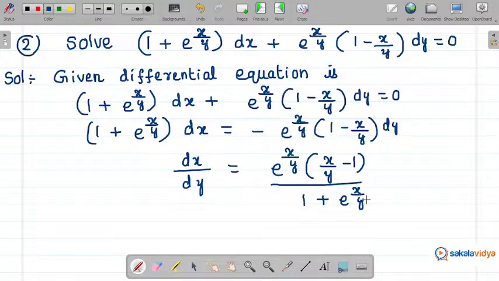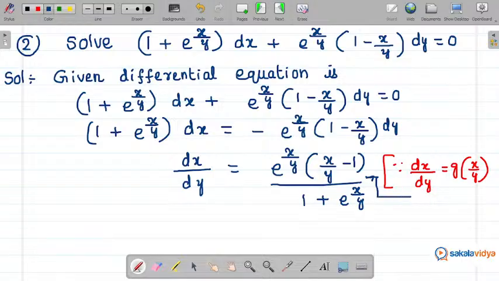My dear students, it is in the form dx by dy is equal to g of x by y. So let us substitute x is equal to vy, and then we need to integrate. Let us say this is equation 1.